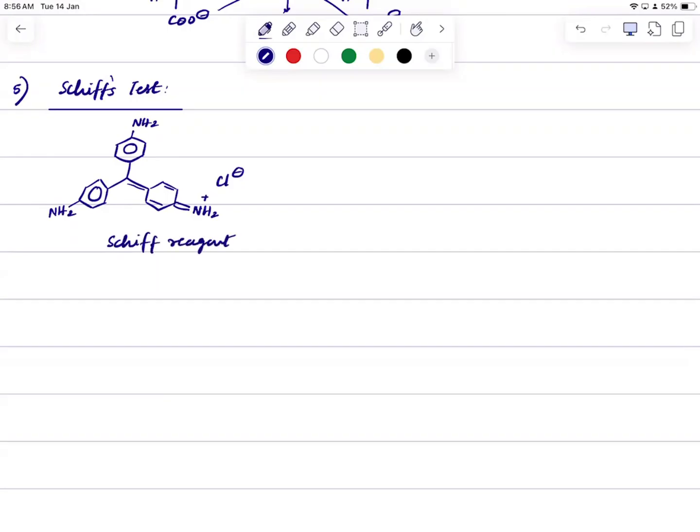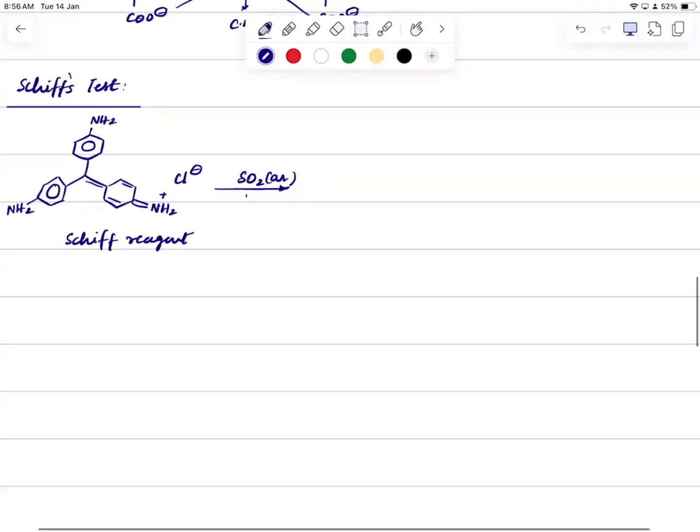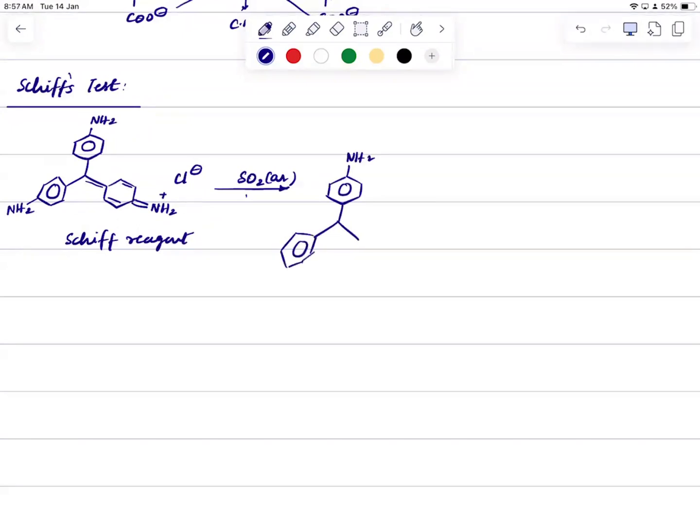What we do is take the Schiff reagent and react it with aqueous SO2. On doing that, this SO2 gets added here. So we will have NH2 here, and from here we can have NH.